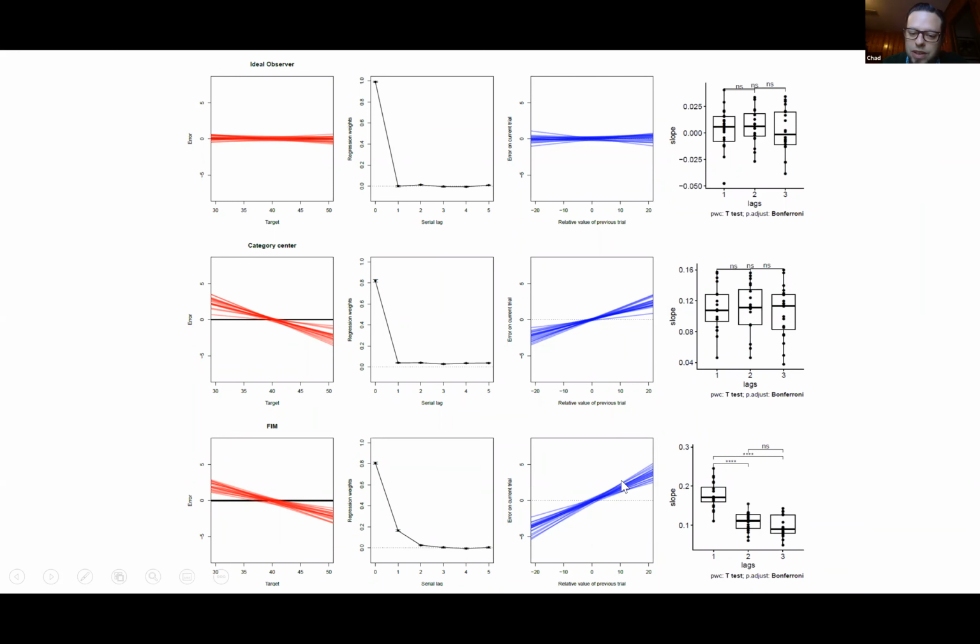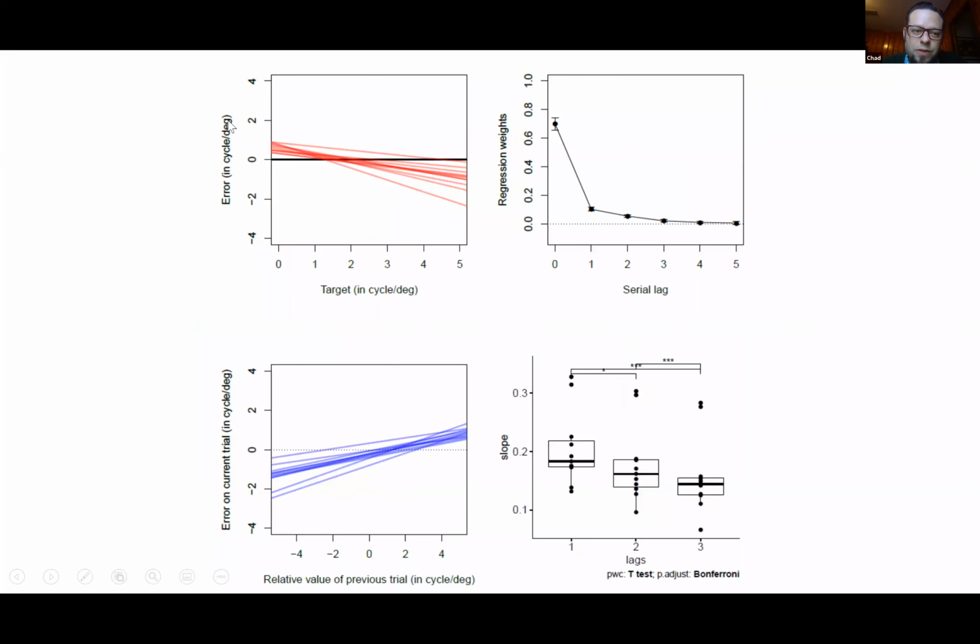This is for reproduction of Gabor spatial frequency, but we also got it with line lengths and with brightness. They all show all four patterns: there's a central tendency bias, and there are sequential dependencies that show up in the weights on prior trials from regression analysis. There are also sequential dependencies in the error data, where the errors are pulled toward the prior items.